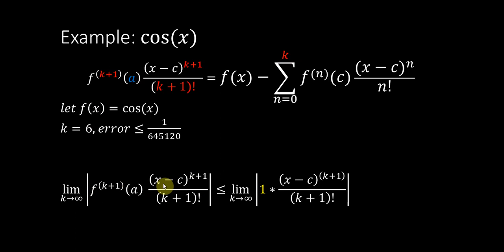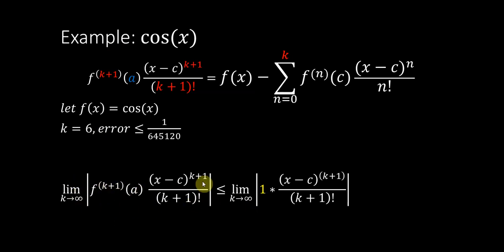What happens to that error bound as we use more and more terms, or as the number of terms in the polynomial approaches infinity? Another way of saying that is, as the degree of the polynomial increases towards infinity, what happens to our error? Well, you see here that the k plus first derivative at some point a is at most 1.